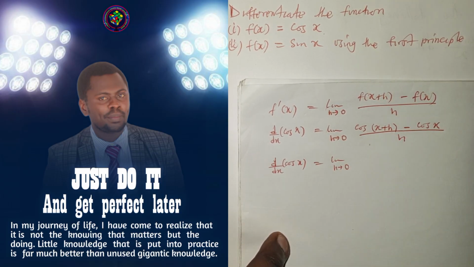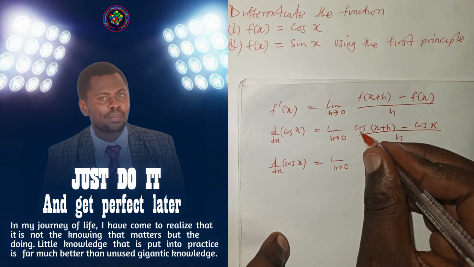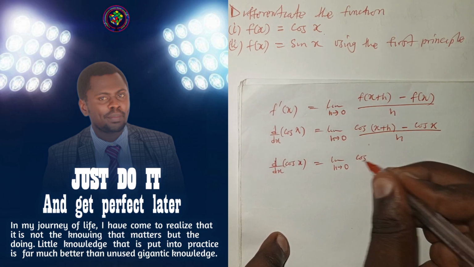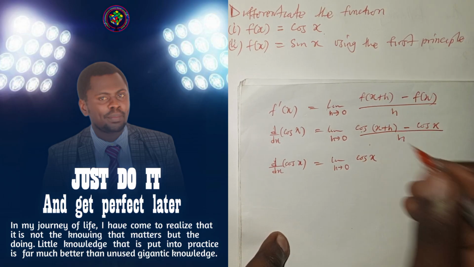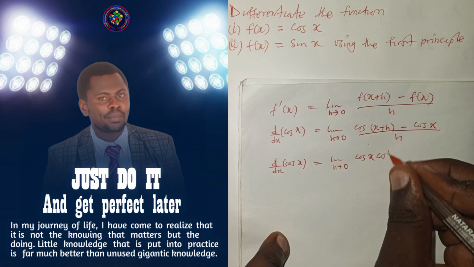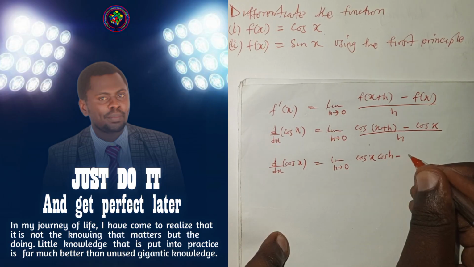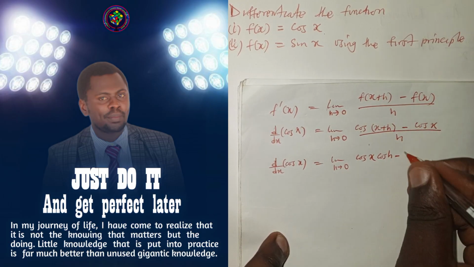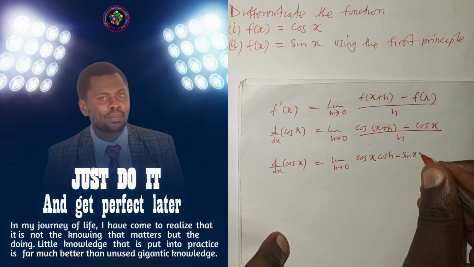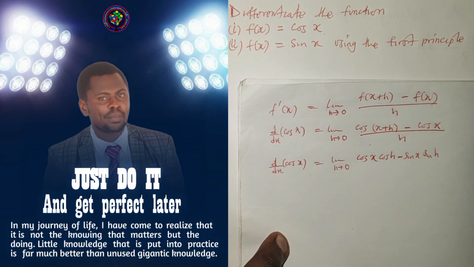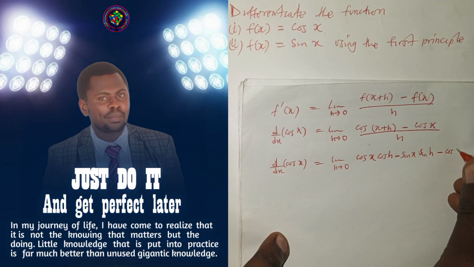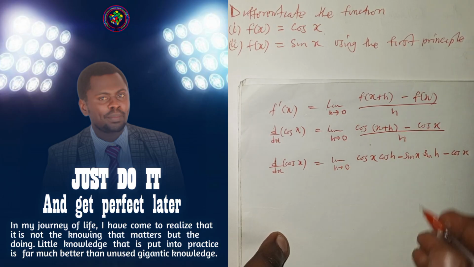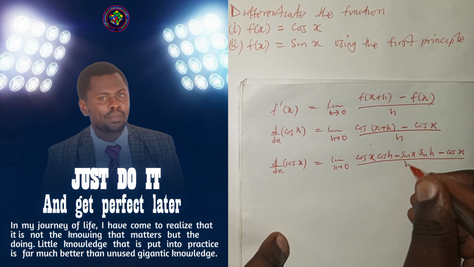Okay, so we have d/dx of cos x is equal to the limit as h approaches 0. Then we need to expand cos of x plus h. So how do you expand it? You have cos x multiplied by cos h, then minus, this is how you do it, sin x sin h. Then there we have minus cos x over h.